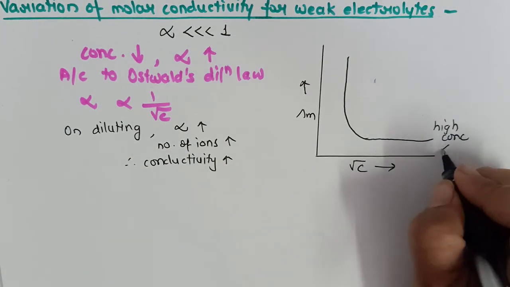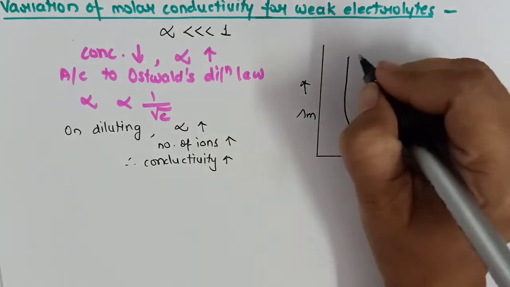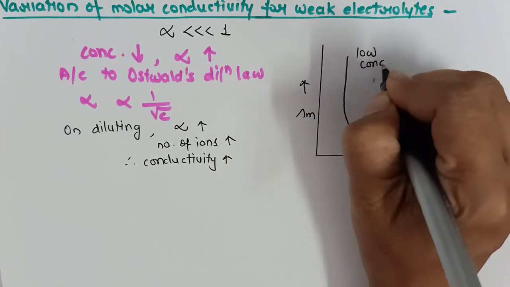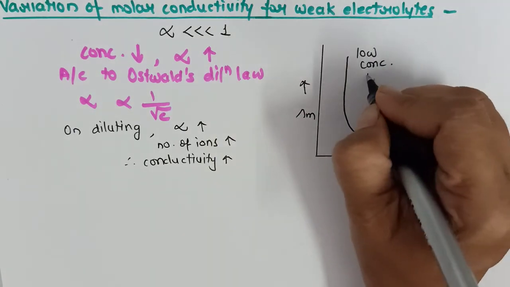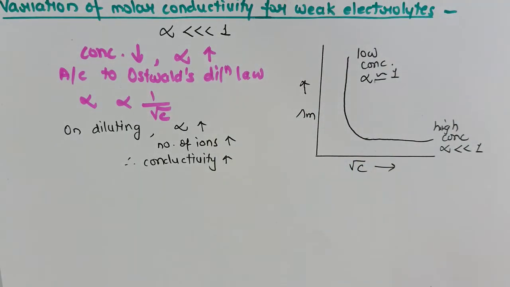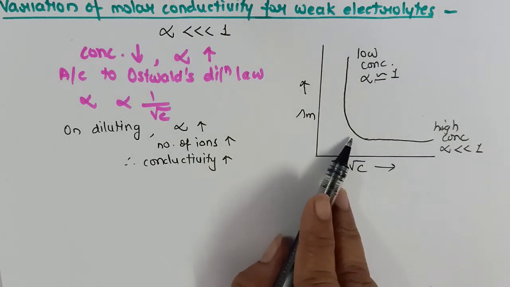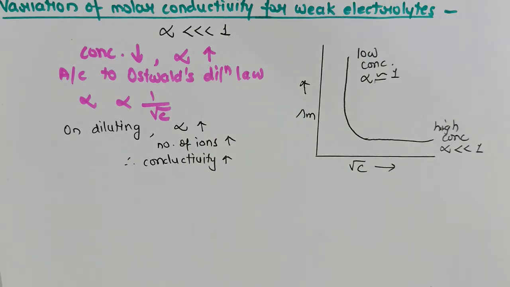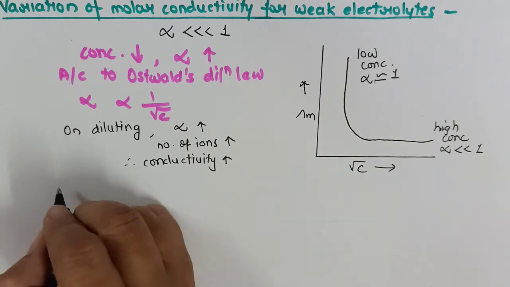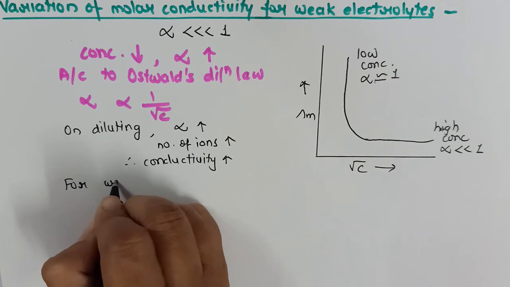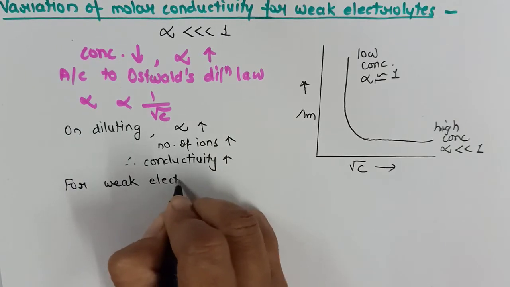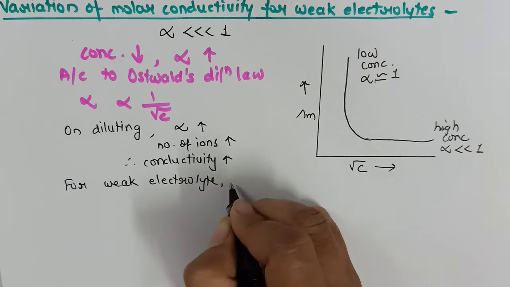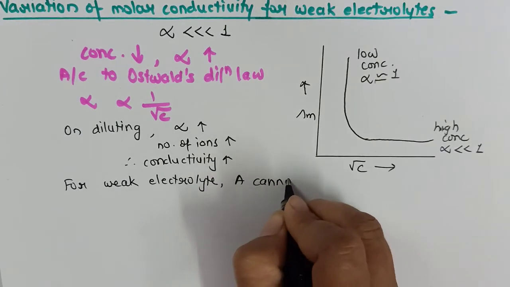This area will represent alpha less than 1, and this represents low concentration, where alpha will be approximately equal to 1, because the weak electrolytes dissociate slowly. Since they dissociate slowly, there will be a sharp increase in molar conductivity. For strong electrolytes, we have calculated A graphically, but for weak electrolytes, A cannot be calculated graphically.